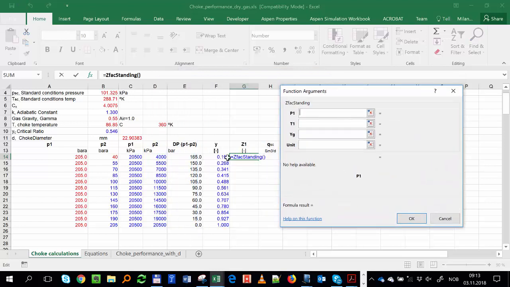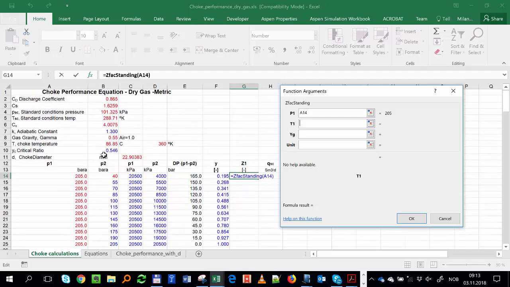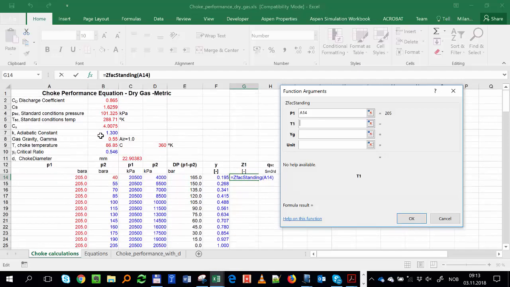P1, it should be in bar. Can I use this one? T1, that temperature of 1 is here, someplace here. That's in Celsius, that's fine. The specific gravity of the gas is here, and I also have to block it.